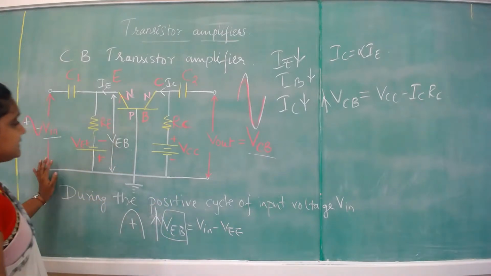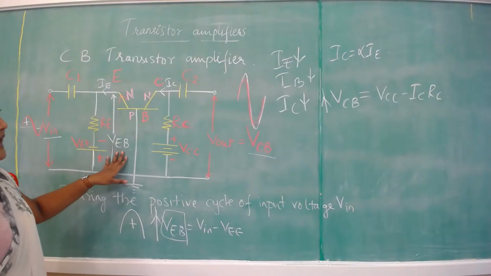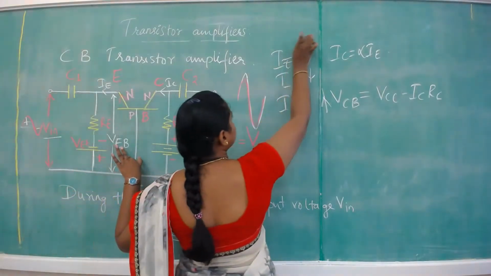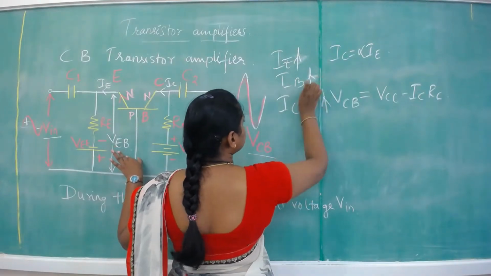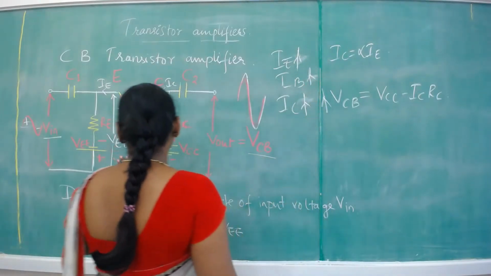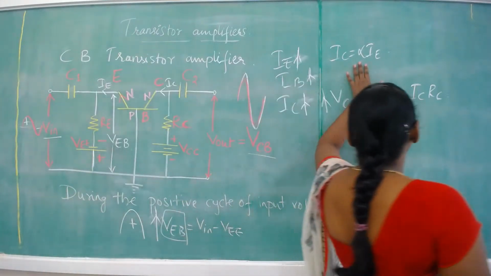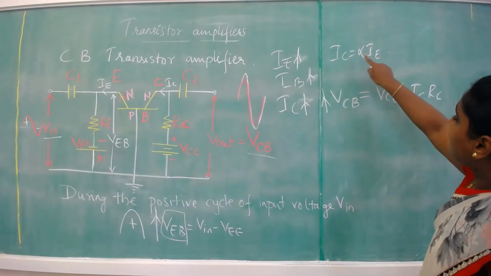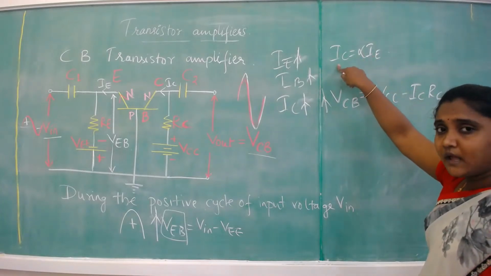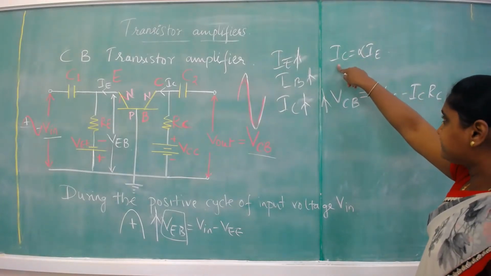VEB will increase. With increase in the VEB, what happens? IE also increases. IE increases, IB increases, also IC increases. Why does IC increase? Because of this relation between the IC and IE. IE is increasing, so alpha times IE, IC will also increase.